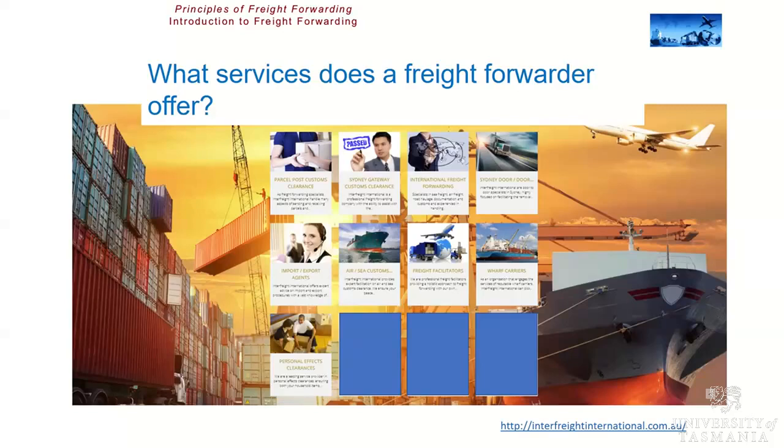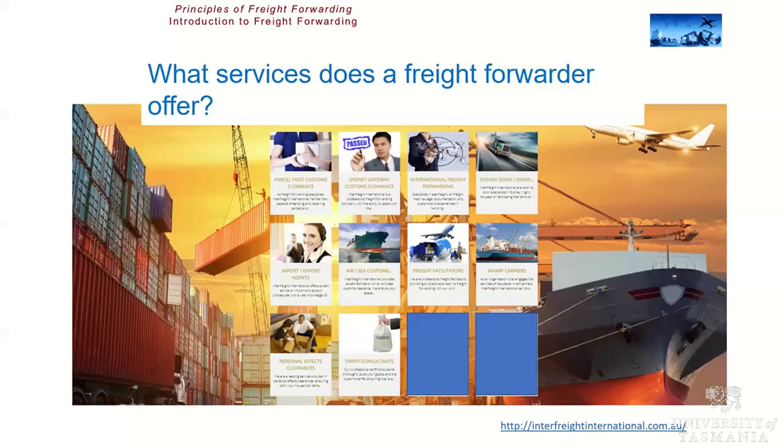They can do personal effects clearances. Now, in the main, we're going to talk about this in light of importers and exporters, but personal items can also be moved by freight forwarders, and that's one part of the business that isn't a business movement, but a personal item.